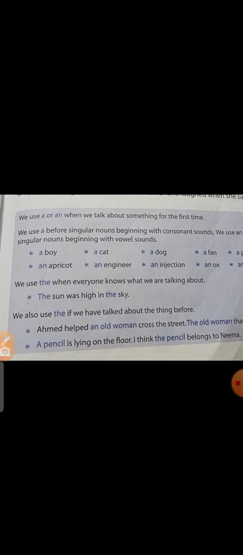Now I am going to read examples. A before singular nouns beginning with a consonant sound: a boy, a cat, a dog, a fan, a pen.